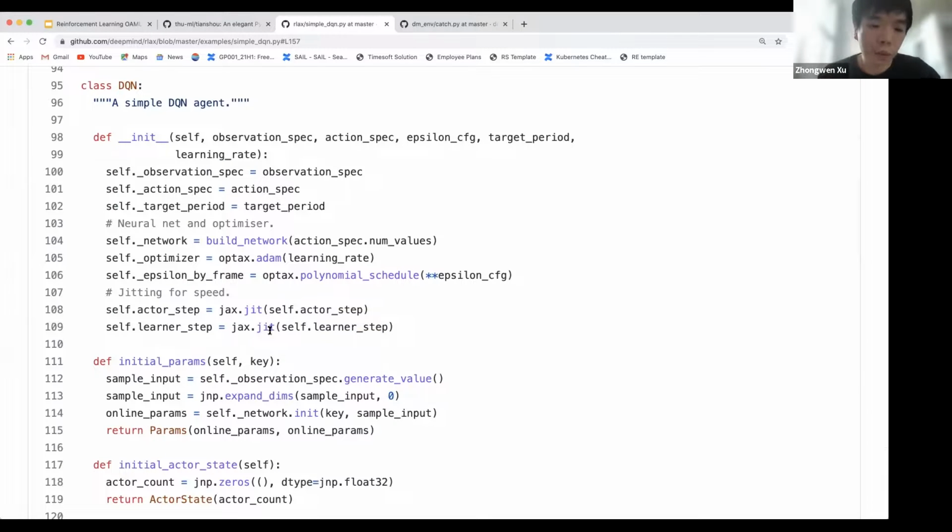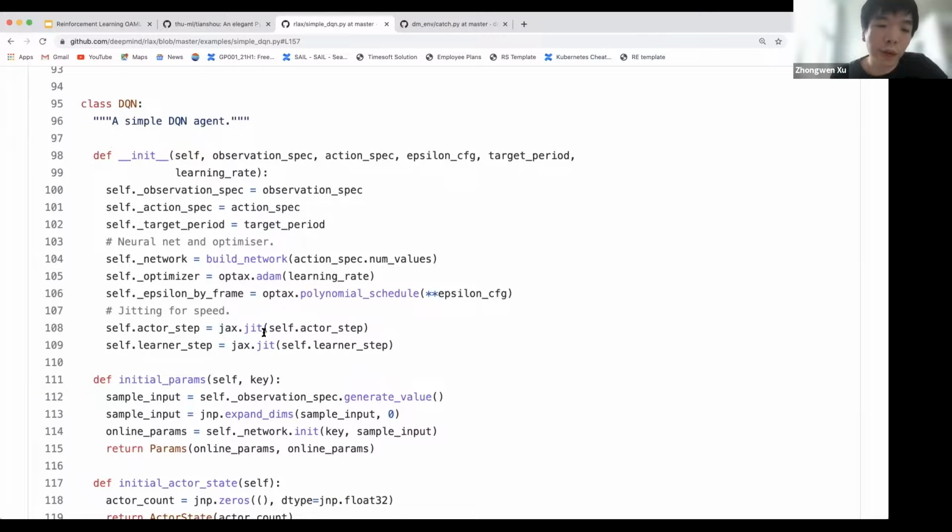Basically, what it does is transform the Python code you write in the module into some high performance code. So they are executing in C++. So you can write Python code and then use the JIT compiler to compile your Python code into high performance C++ code. Also, the JAX JIT can run on many different devices, on CPU, on GPU, or even on TPUs. You can use the same code, and the JIT will compile the same Python code for different hardware.